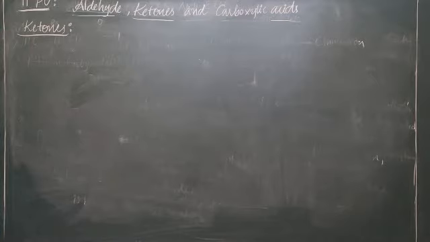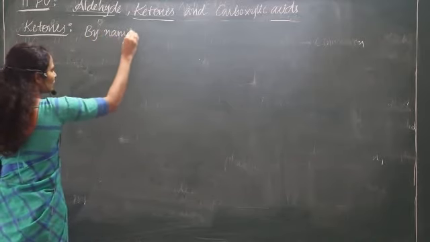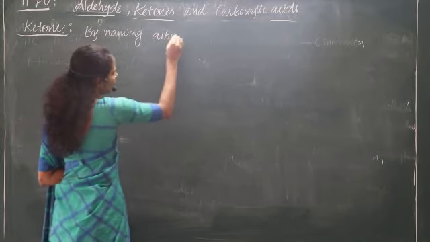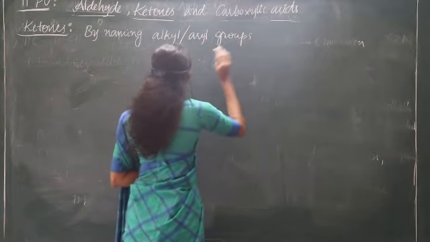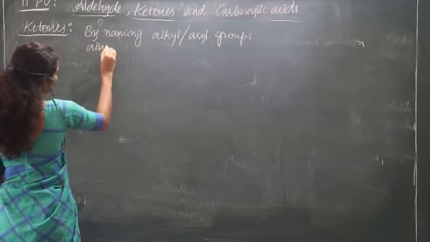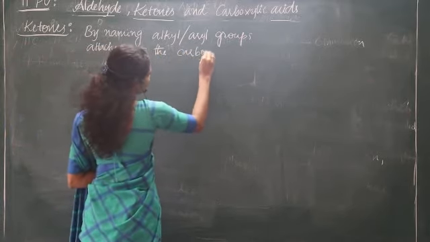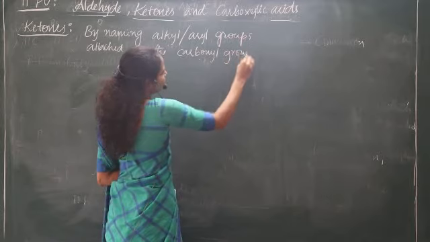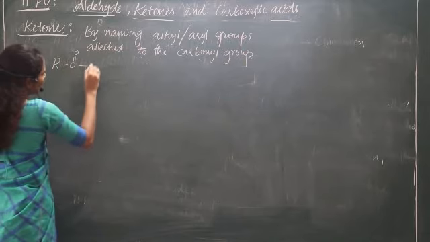Ketones are named in the common system of nomenclature by naming the alkyl or aryl groups attached to the carbonyl group, that is R C double bond O R dash.